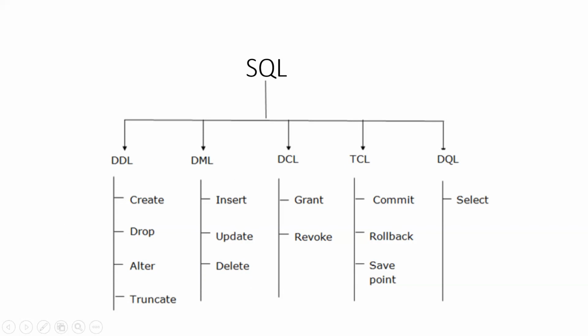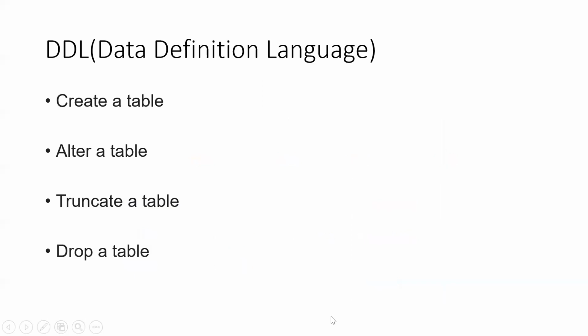So DDL, what is DDL? The other parts, TCL, DQL, gradually we will be learning one by one from tomorrow onwards. DDL is called Data Definition Language. For examples of DDL, DML, DCL, DQL, we'll only be taking the table as the component.